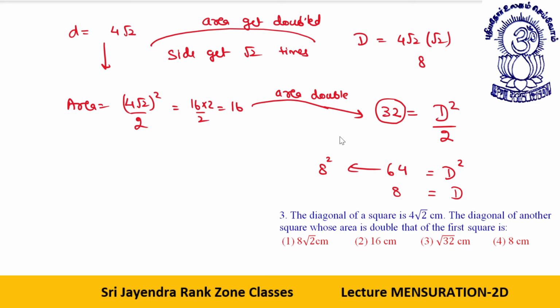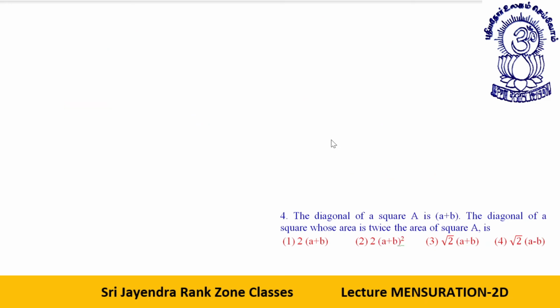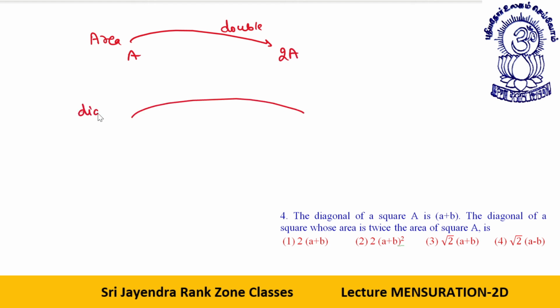The next one is: the diagonal of a square A is A plus B. The diagonal of a square whose area is twice the area of square C. If area gets doubled, then diagonal gets multiplied by root 2.